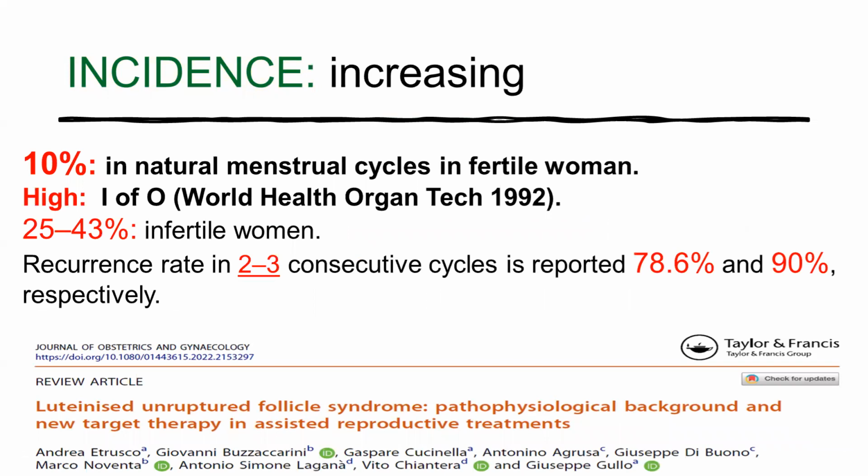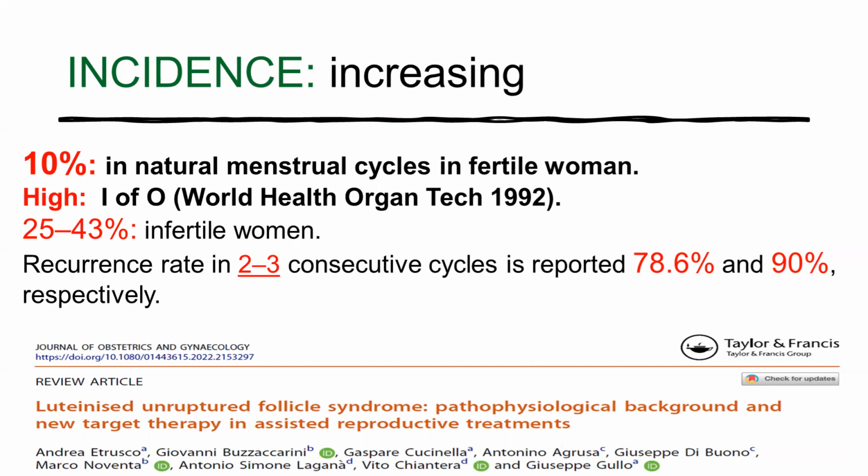It has been recently mentioned that the incidence is around 10% in natural menstrual cycles in females. It's high with ovulation induction. It is very high in infertile women, reaching up to 43% of cases.